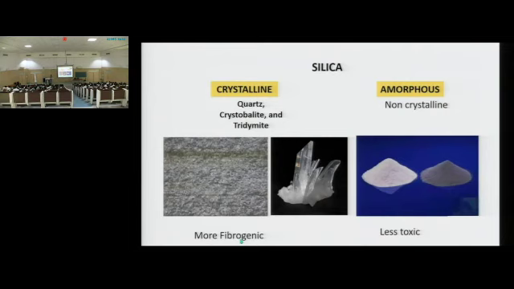So silica occurs in two forms, that is crystalline and amorphous. But the more pathogenic and more dangerous is the crystalline form. That causes a fibrogenic effect. You can see their sharp edges, right? As the name also suggests, they are crystalline, solid forms.